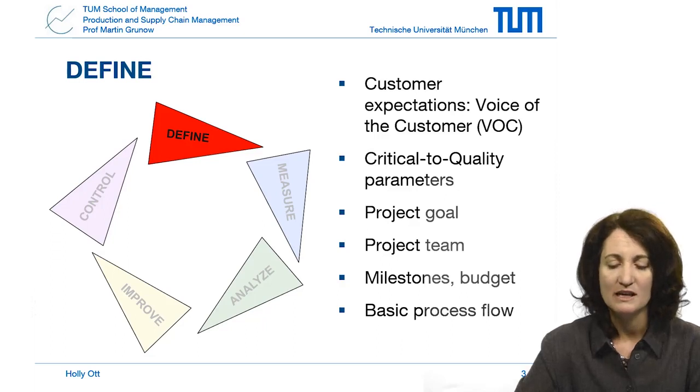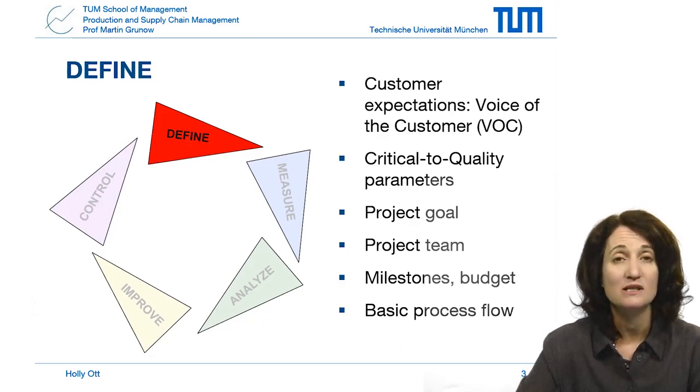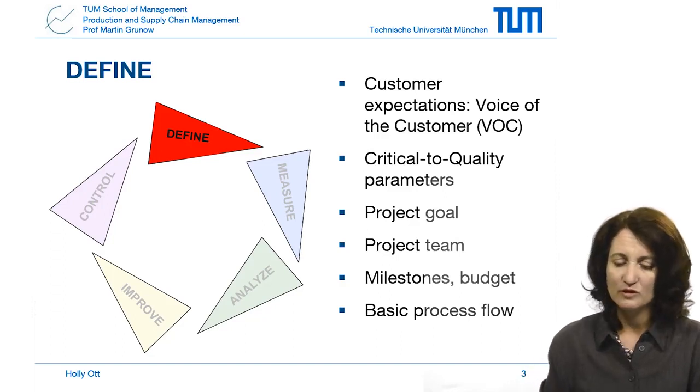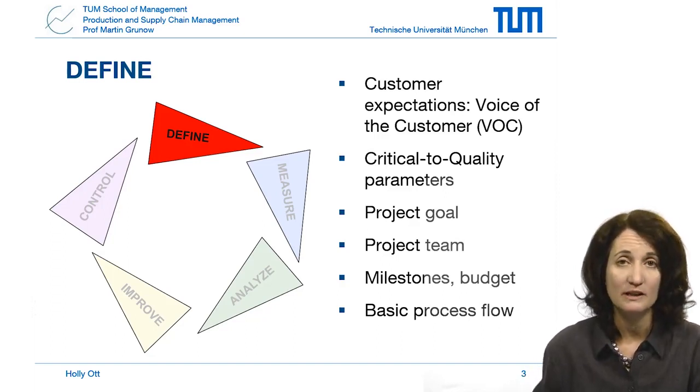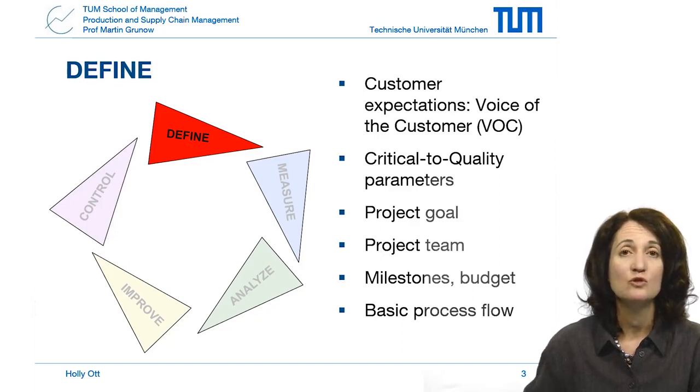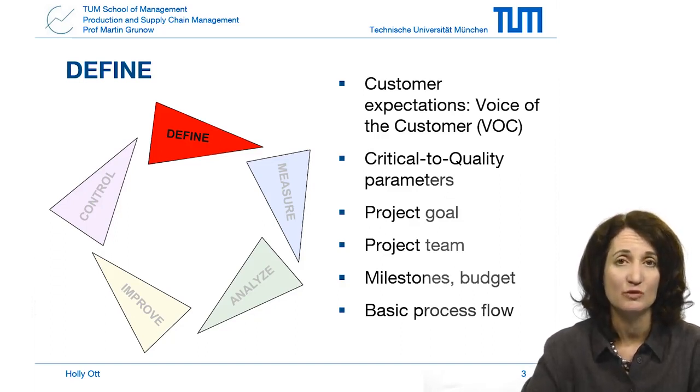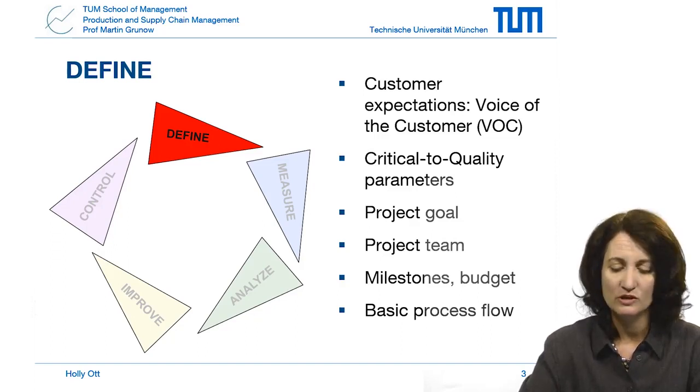And we call this listening to the voice of the customer, or VOC. The parameters which are critical to quality, critical to achieve the customer needs or the voice of the customer, can then be identified, and the overall project goals can then be defined.